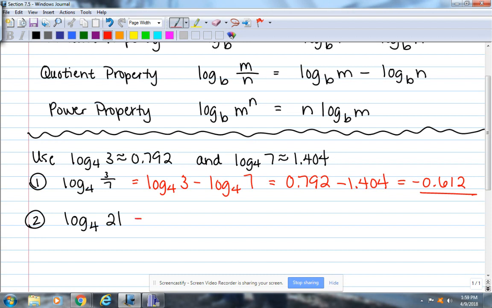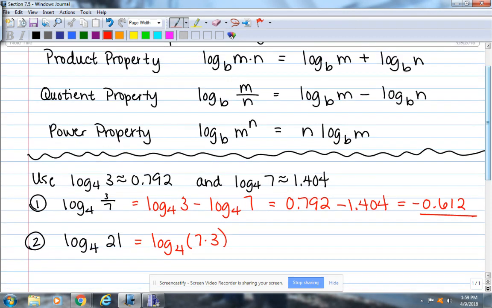Yeah, so I'll just change it to log base 4 of 7 times 3. And isn't that the product property? So what did it say to do if I multiply two of them? Split them up where I can add them. So that's going to be log base 4 of 7 plus log base 4 of 3.